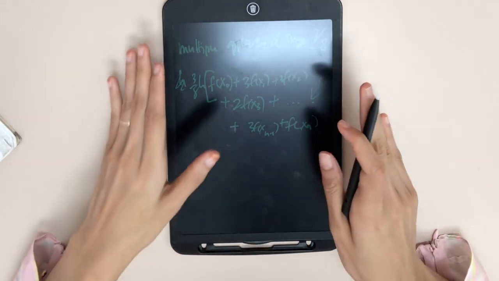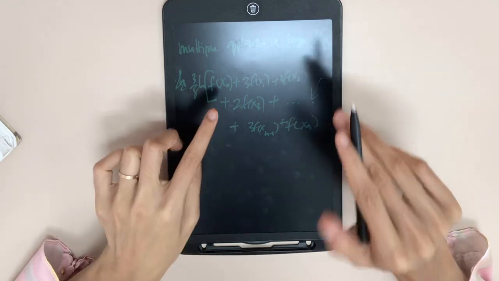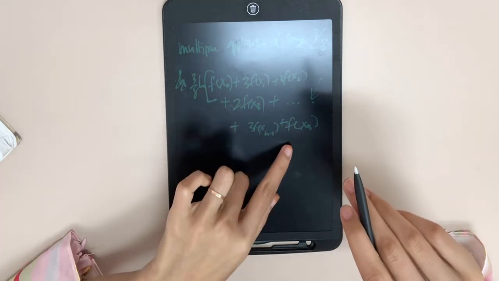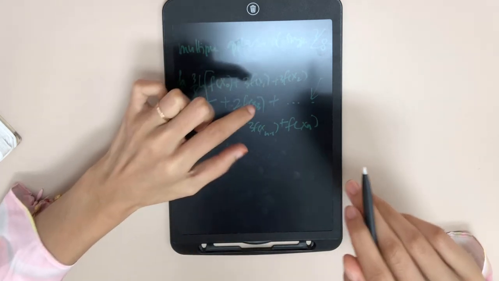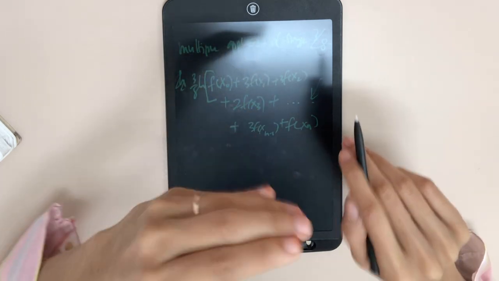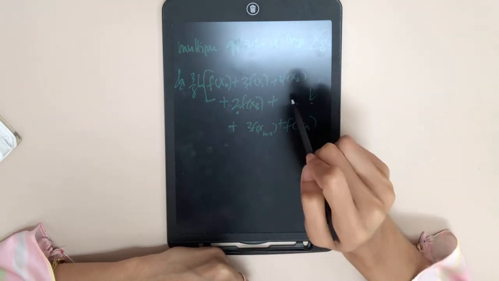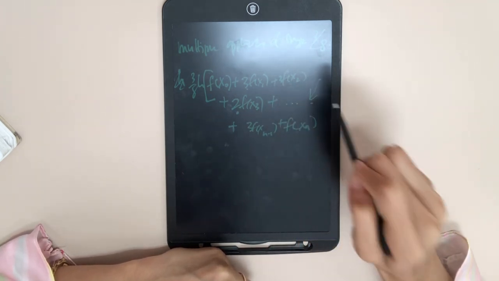But I want to highlight here the pattern of the formula. You can see that we start with f(x0), of course, and then we end with f(xn). But in the middle, we have 3, 3, 2. If you have more data, it will repeat 3, 3, 2.